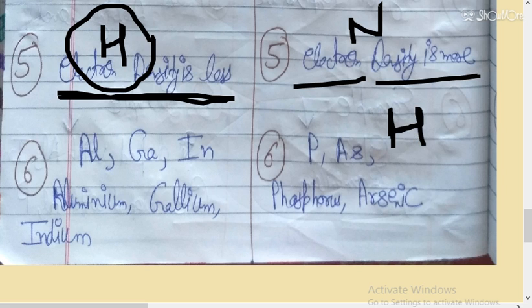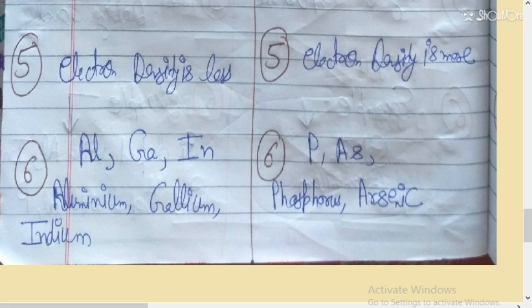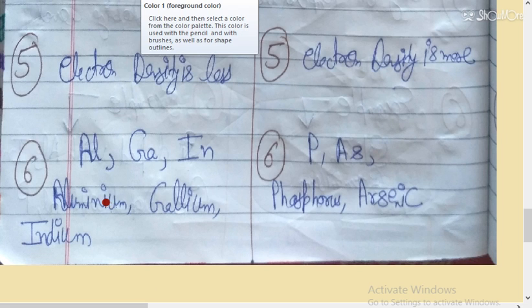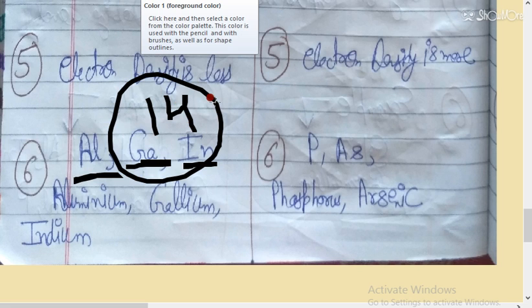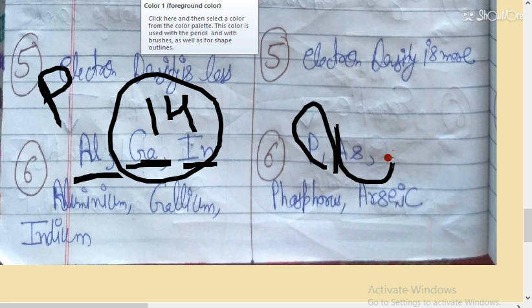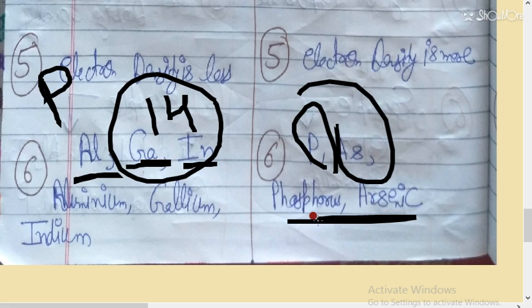And the last difference is aluminium, gallium and indium. These are the impurities that can be added to group number 14 to get the p-type semiconductor. And phosphorus, arsenic are added to get n-type. These are the two examples I have taken. You can take some other examples also.